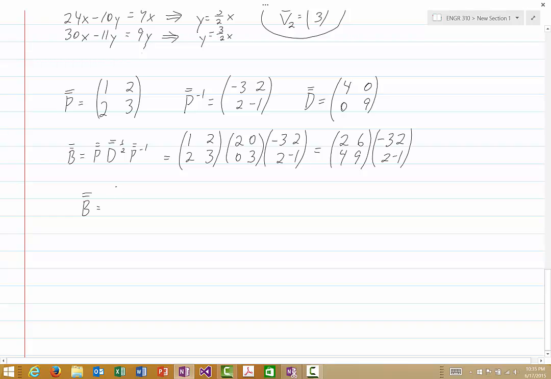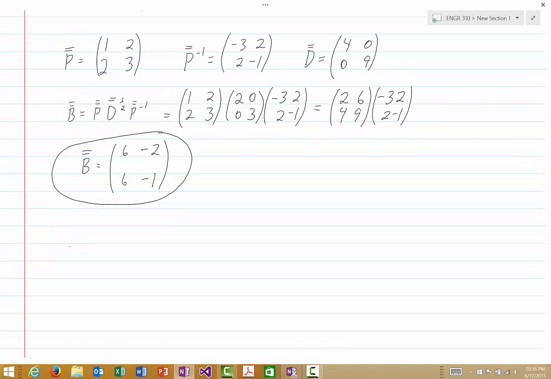Now when we multiply out those two matrices, let's see what we get. 2 times negative 3 is negative 6, and 12 gives positive 6. 2 times 2 is 4, minus 6 is negative 2. 4 times negative 3 is negative 12, and 18 gives us 6. And finally, 4 times 2 is 8, minus 9 is negative 1. So we are coming up with a conclusion that B is equal to (6, negative 2; 6, negative 1).